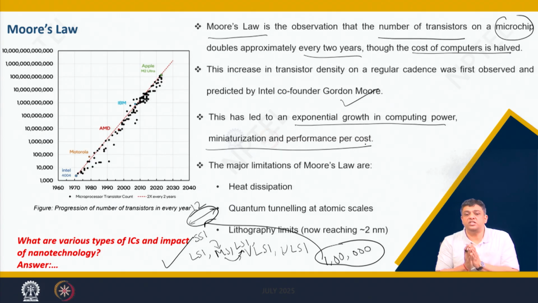You have seen it yourself. Just compare the computing powers of your desktops which were there maybe around 10 years back. The same kind of computing power is now available in your mobile phones.